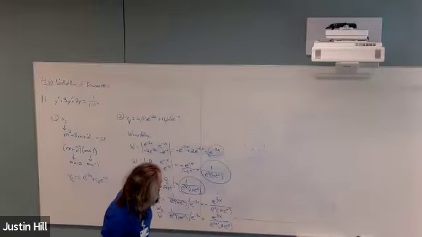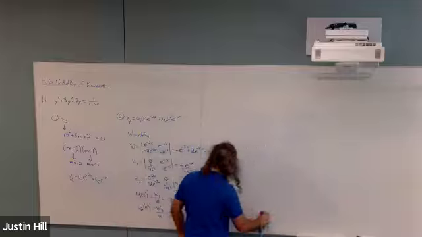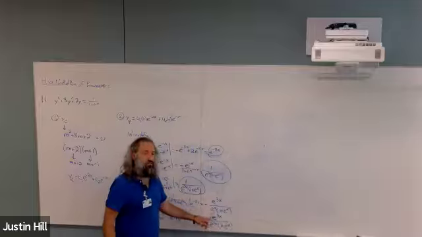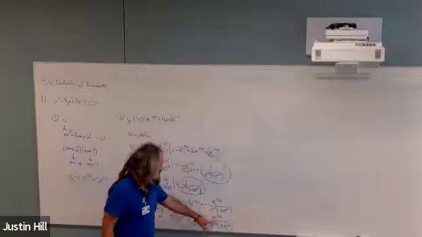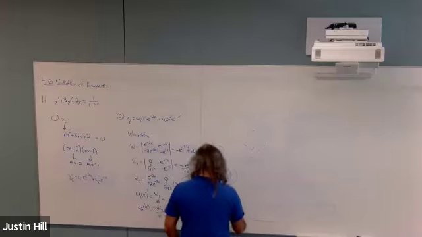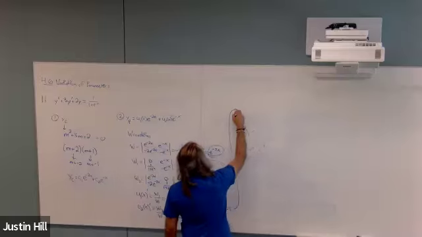And why is any of that important? Because now I have exponential functions that are being divided, so I can simplify. This is going to simplify to e to the 2x. That's going to simplify to e to the x. So let's reposition up here.